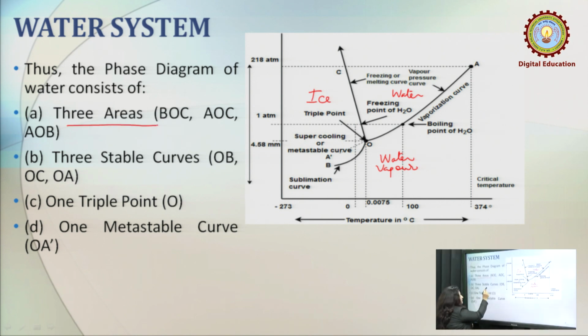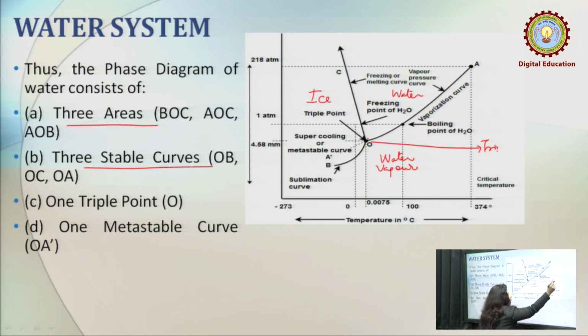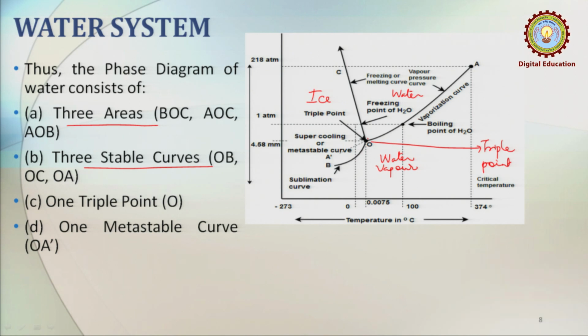Then there are 3 stable curves: OC, OB and OA. There is one triple point, this is the triple point, right, and there is one metastable curve as well. Where is this metastable curve?